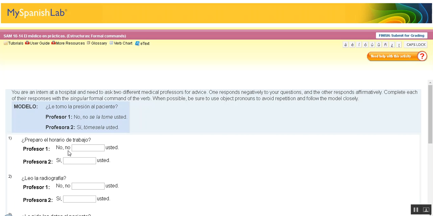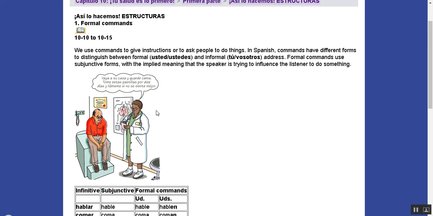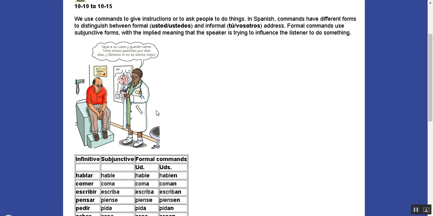So in the no, this says, preparo el horario del trabajo. So your object is going to be el horario, and your verb is preparo. So I'm going to put preparar. Okay, so my command for preparar as an AR verb, you are going to conjugate your verb into the yo form and add the opposite ending.